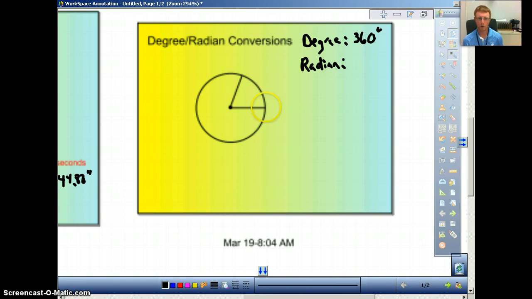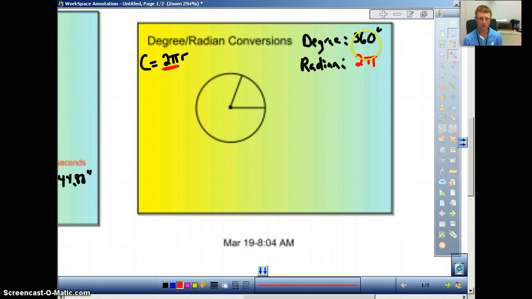So where radians come from is, if you recall how to find the circumference of a circle, circumference has always been equal to 2 times pi times r. And actually, what you see here with this 2 pi, that is how many radians there are in a full circle: 2 pi.